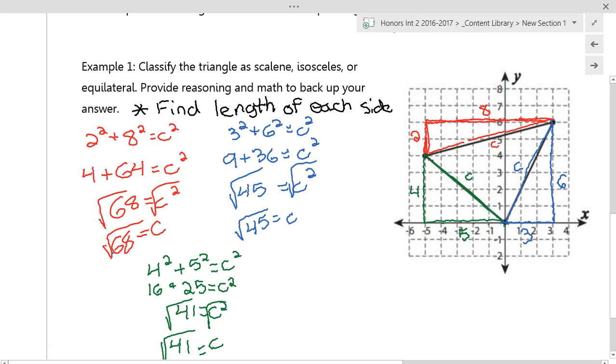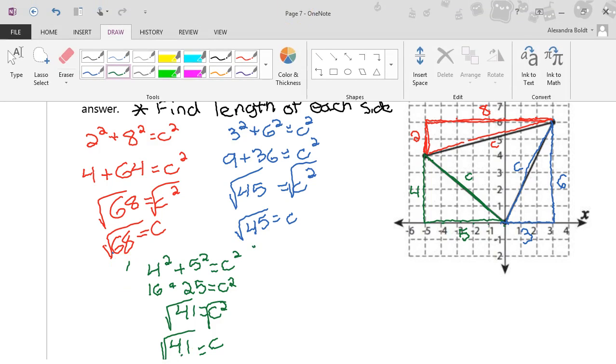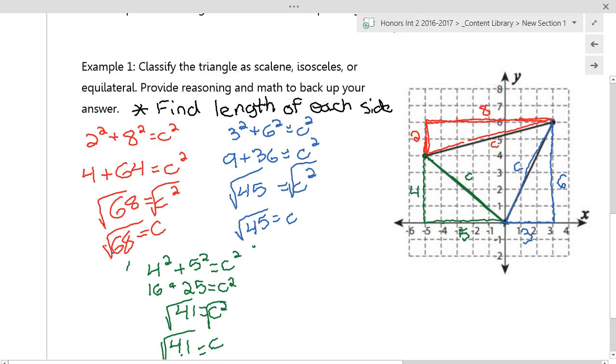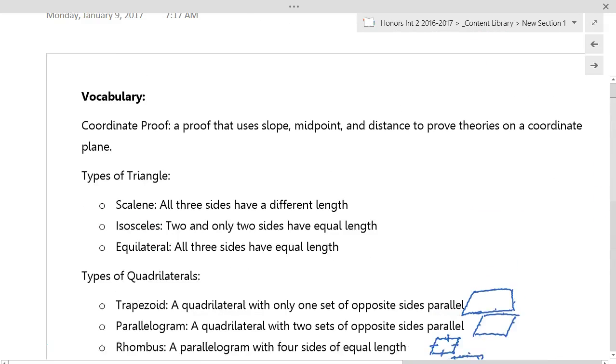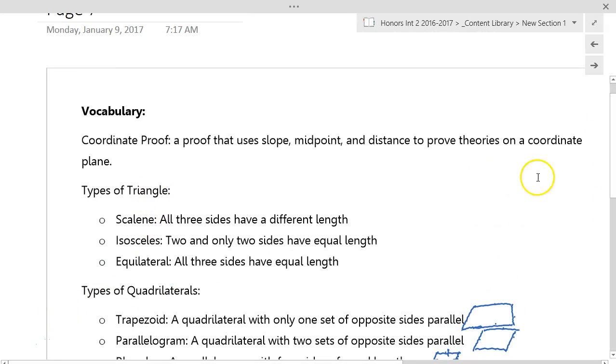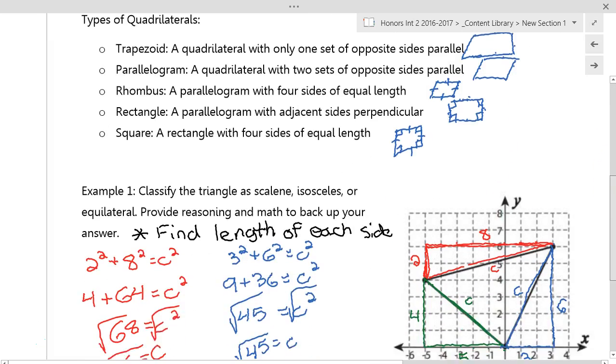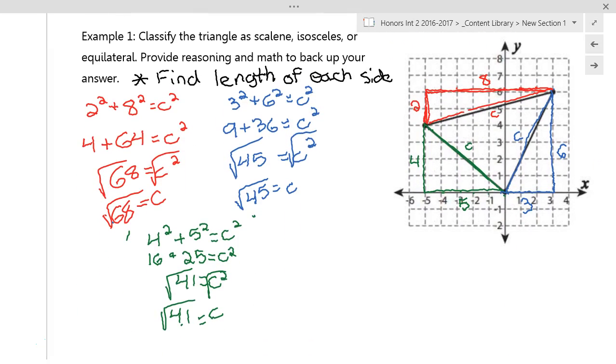So again, I don't even have to use a calculator. None of these are the same number inside my square root. That means none of these sides are equal. Going back up to our definitions, a triangle that has no sides equal is scalene. Okay? So I can say this is a scalene triangle.